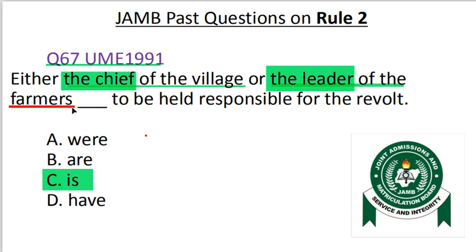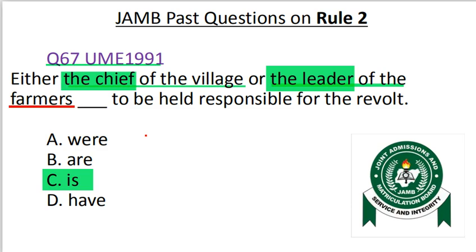No, in "the leader of the farmers," it is their leader that is the bone of contention, not the farmers. It is the leader who should be held responsible, not the whole of the farmers. So here, it is still singular. Take note, the leader is the bone of contention.